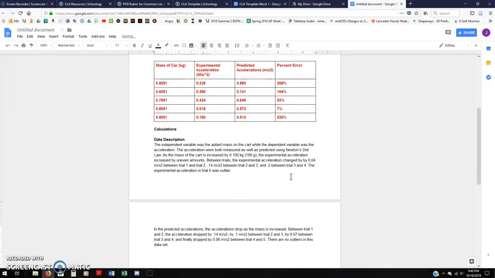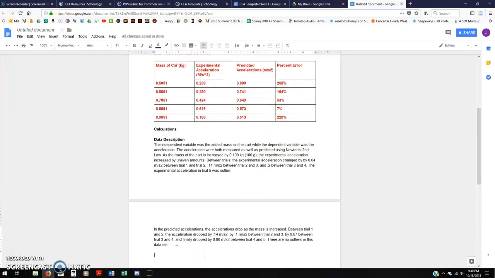You can even talk a little bit about the percent error too. Now, these percent errors are quite ridiculous, but you can always just keep in mind that a good percent error is at around 5 to 10%. If you get it below 5%, that's excellent.